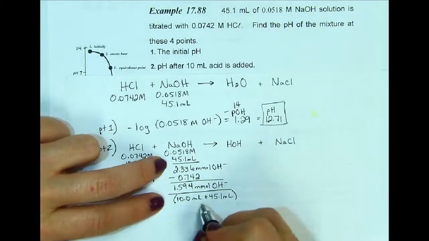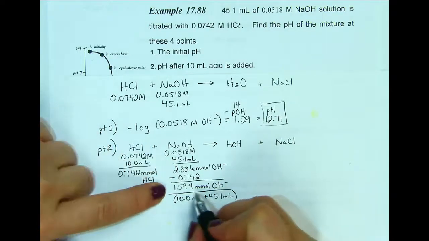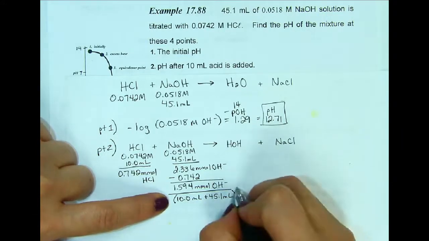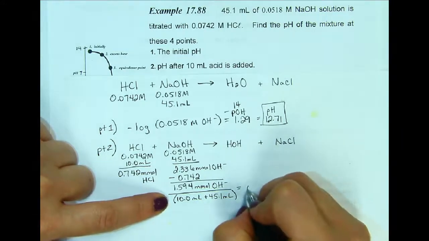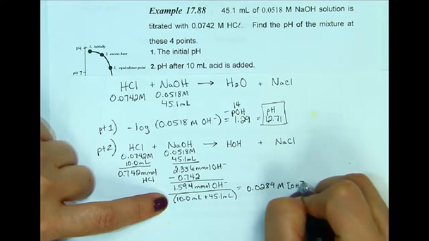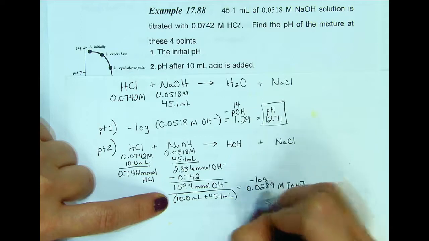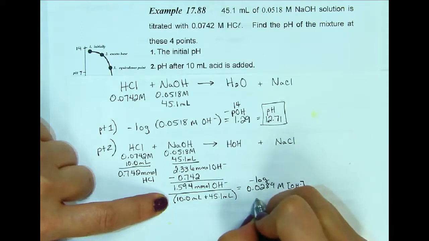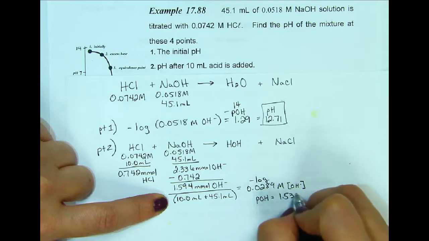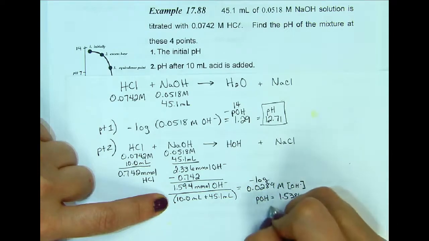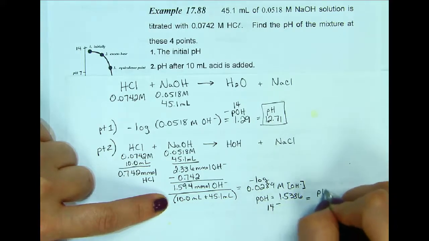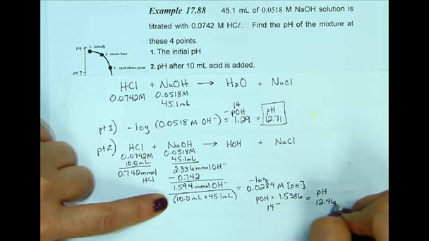And when I do the total volume, notice all the millis cancel. When I do 159.4 divided by 55.1, I get a molarity of 0.0289 molar hydroxide. And so taking the negative log of this value gives me a pOH equal to 1.5386. And then if I take 14 minus that value, then I get a pH equal to 12.461.